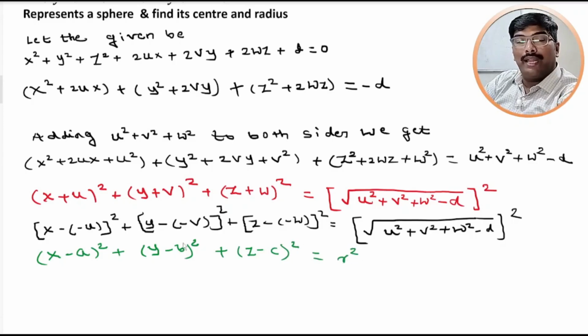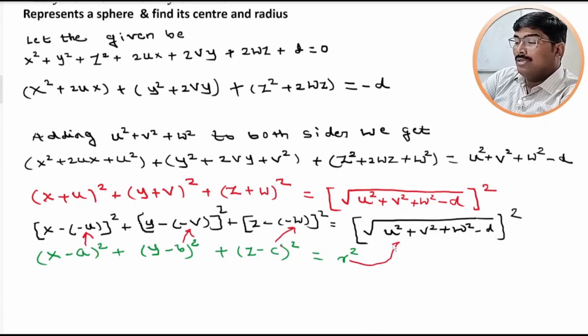So if you compare with this central form, in place of a we have minus u, in place of b we have minus v, and in place of c we have minus w, and in place of r we have square root of u square plus v square plus w square minus d.